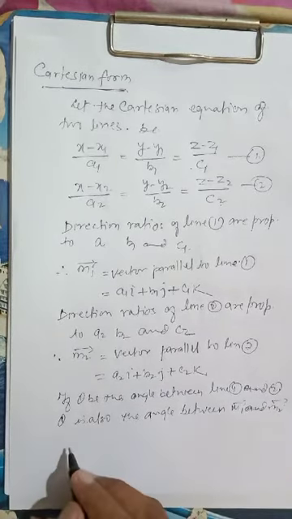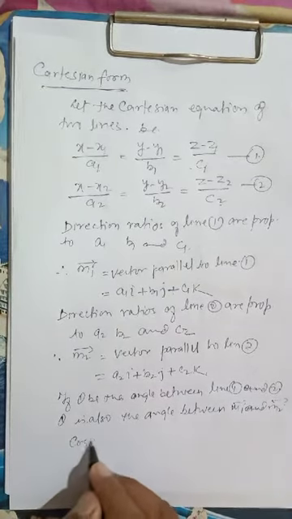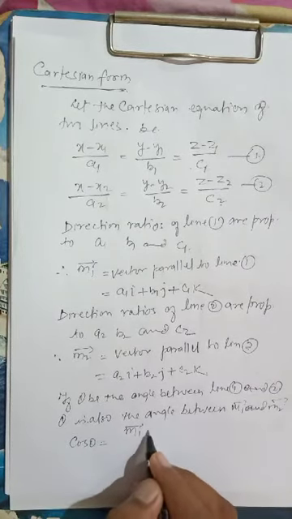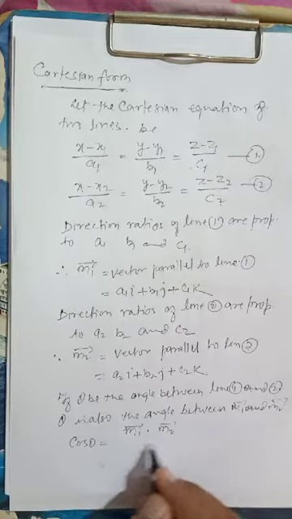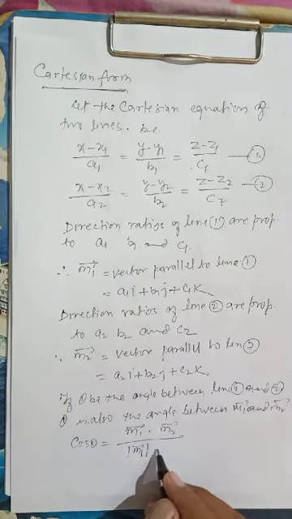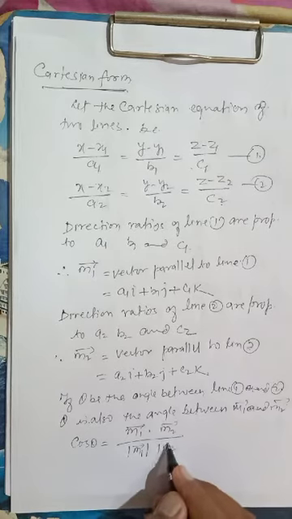Then cos theta, as by the previous result, is m1 vector dot m2 vector upon modulus of m1 vector into modulus of m2 vector.